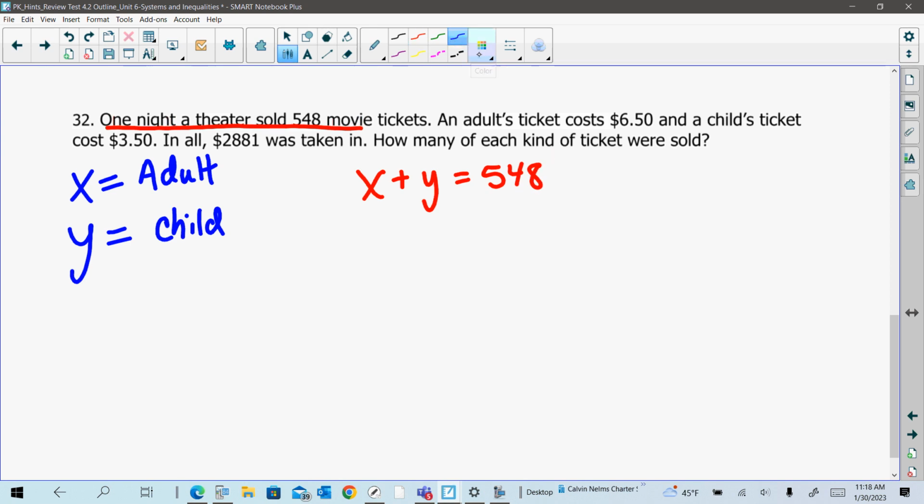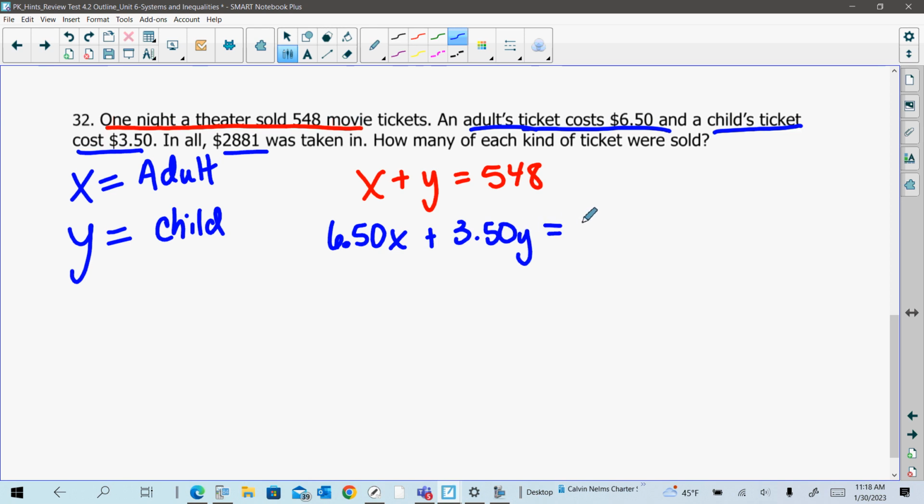Then it says an adult ticket costs $6.50, a child's ticket costs $3.50, and all 2,881 was taken. So for adult 6.50, this would be 6.50x plus 3.50y.